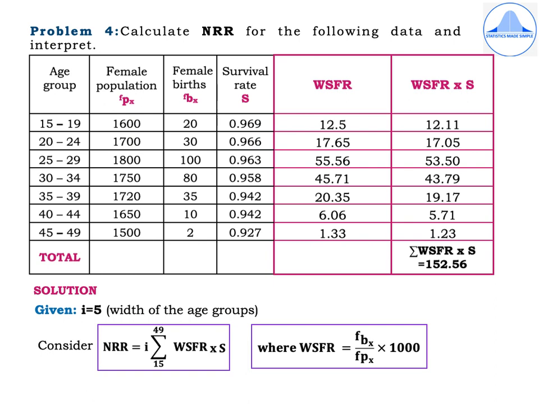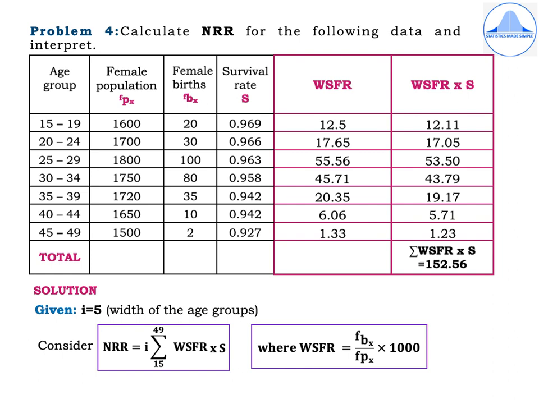Problem 4. Calculate NRR for the following data and interpret. The age groups are 15 to 19, 20 to 24, 25 to 29, 30 to 34, 35 to 39, 40 to 44, 45 to 49. And the corresponding female populations are 1600, 1700, 1800, 1750, 1720, 1650, 1500.